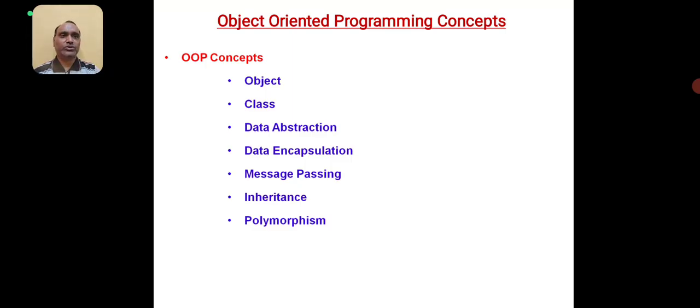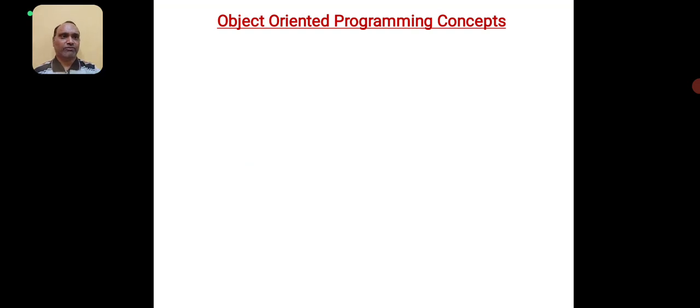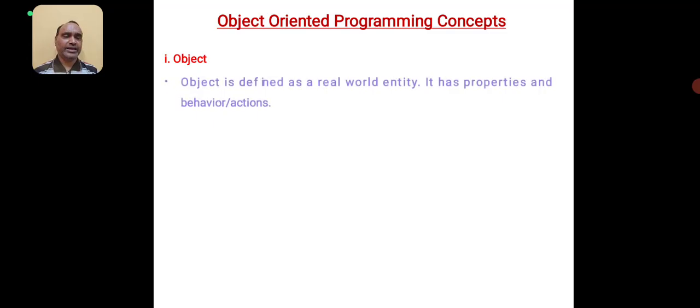Now we are going to discuss these concepts one by one. First, what is an object? Object means any real world thing or any real world entity is considered as an object. Every object in the real world is having certain properties, and these properties describe that object.